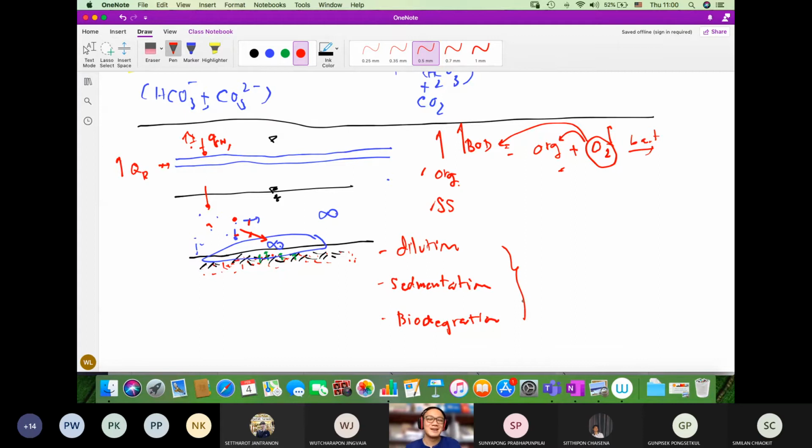But the problem is, if our community has more wastewater sources or pollution sources, what will happen?